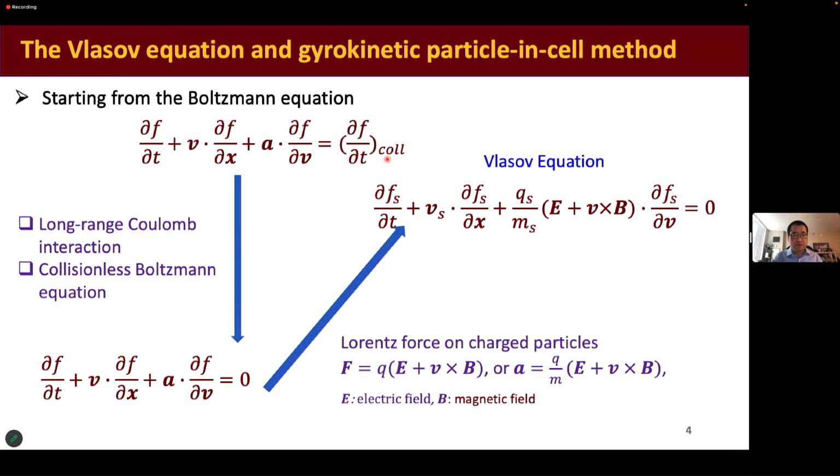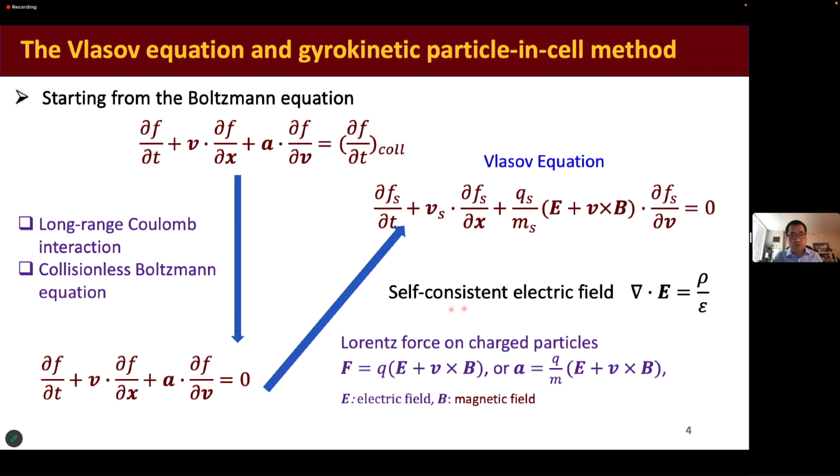You plug the acceleration term into the Boltzmann equation. Also, when charged particles move, they form an electric field, and this electric field then further determines how the particles actually move.